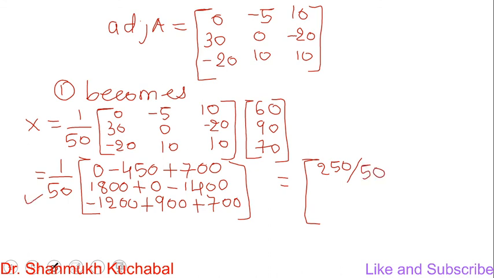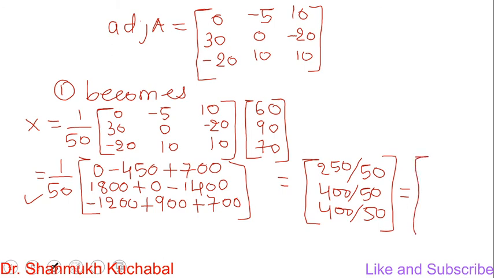Okay, so next we get 400 divided by 50, and next 400 divided by 50. So we get the X solution; further we will simplify it. 250 divided by 50, we get 5.